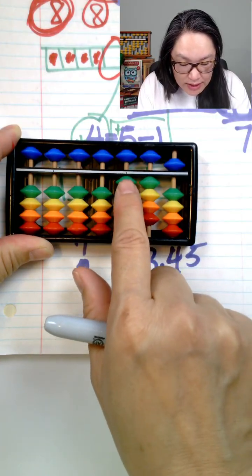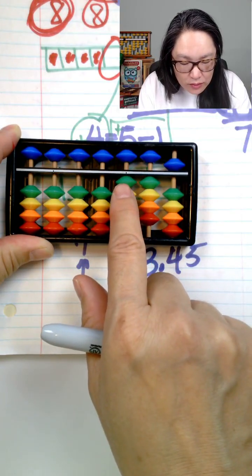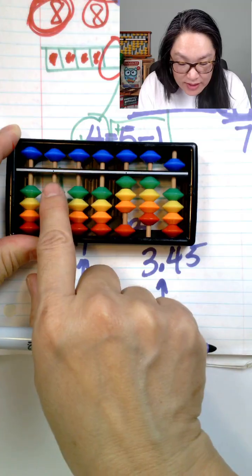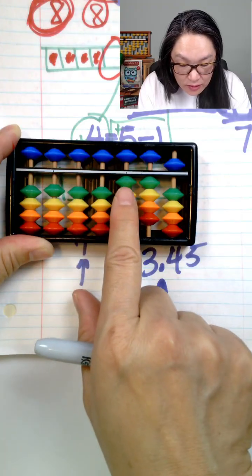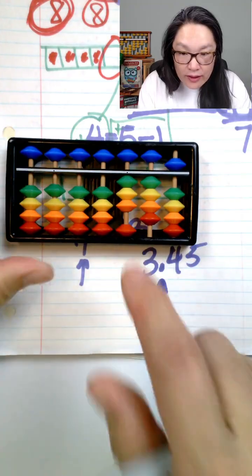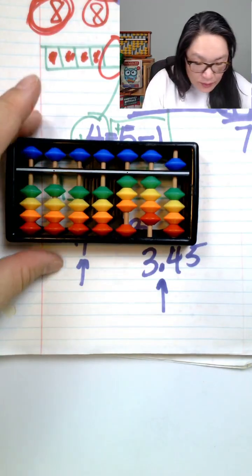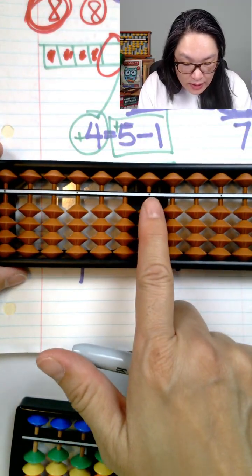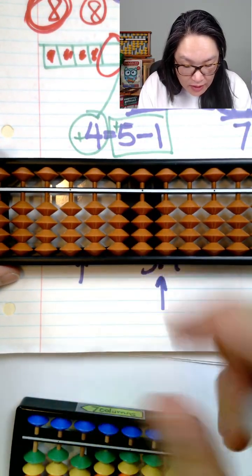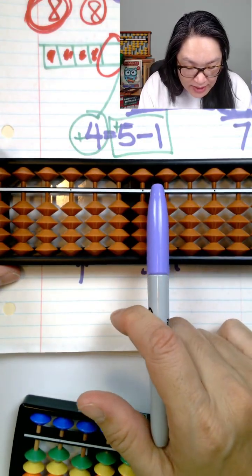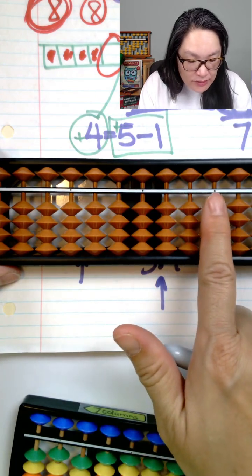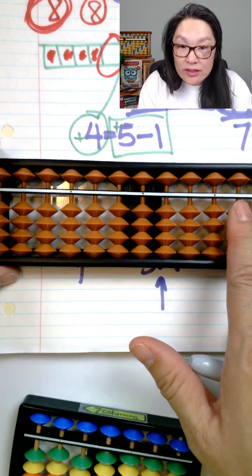That's why you need to specify which dot you're using, because if you use this dot, then this is going to be 00345. It's the same thing with this. If we have our ones here, then right in the middle would be my decimal place, and all of this would be my tenths, my hundredths, my thousandths, and so forth.